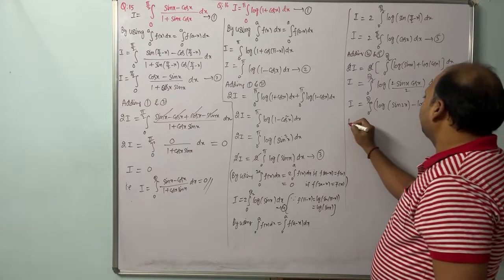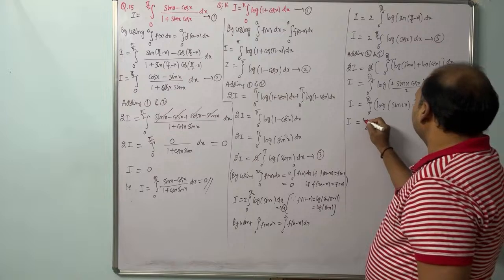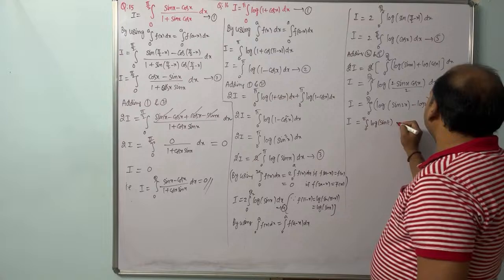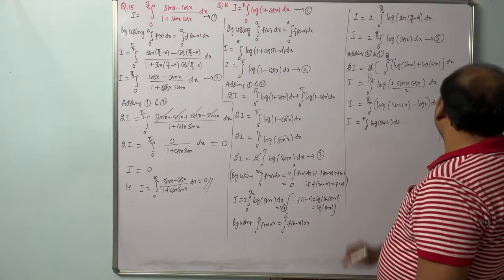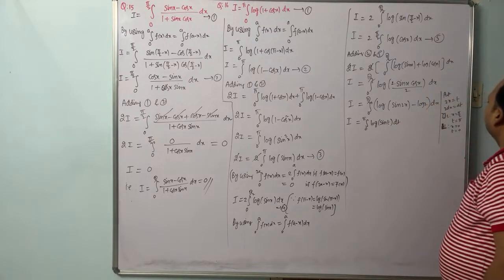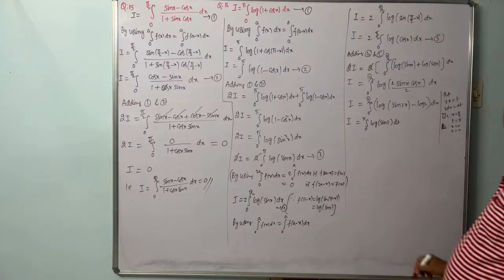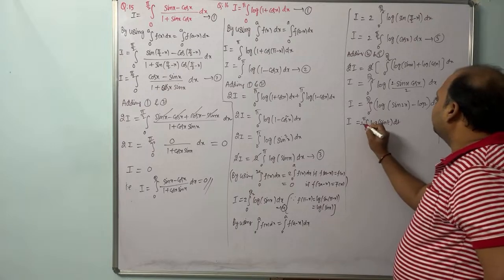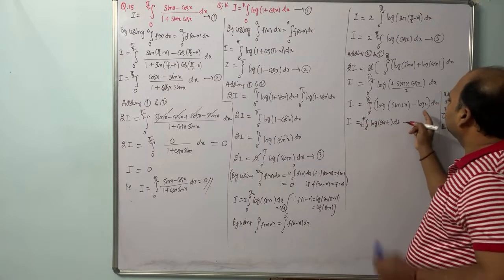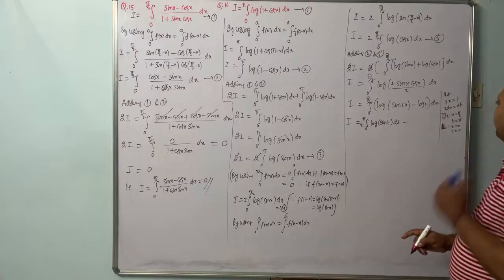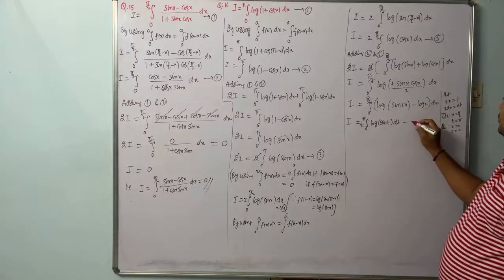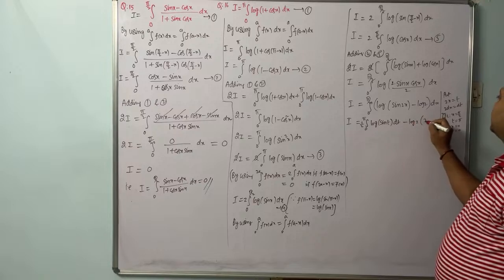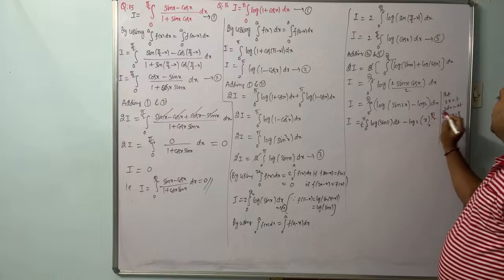Only for the first term, I is equal to integral 0 to pi log sin t dt, so this is 1 by 2, minus this will become log 2 integral dx, which is x applying the limits 0 to pi by 2.